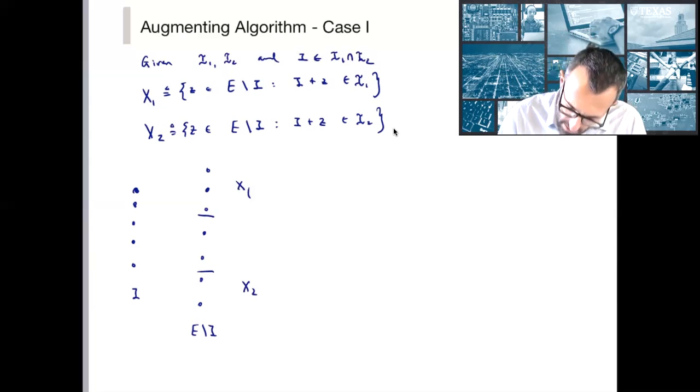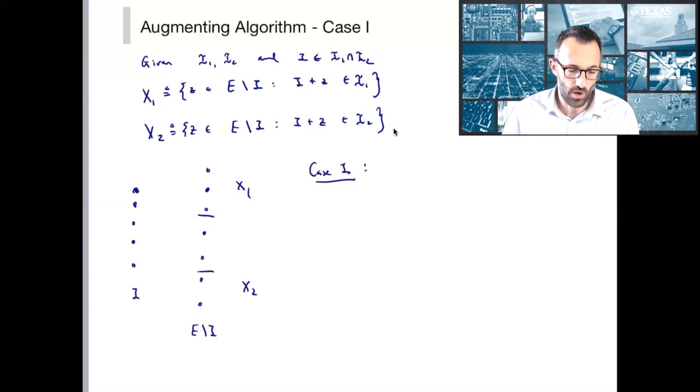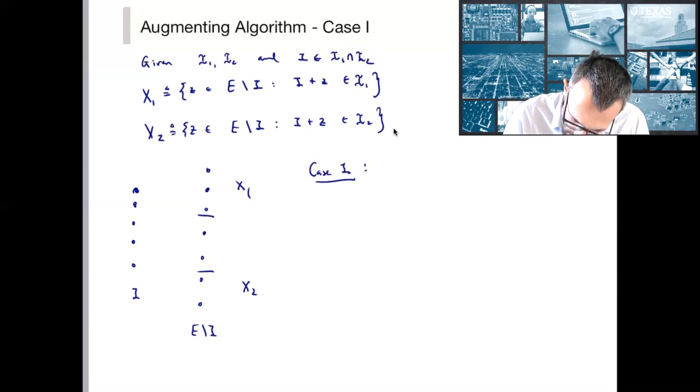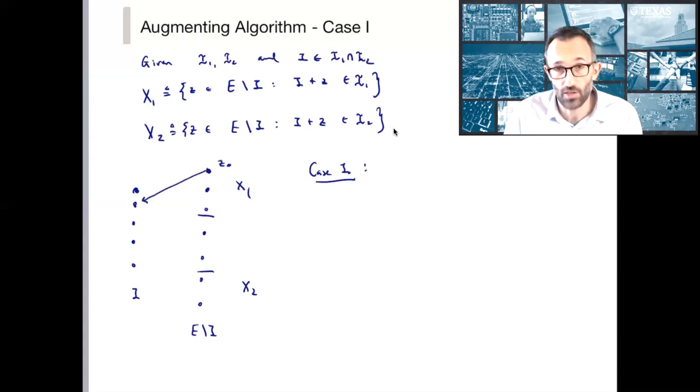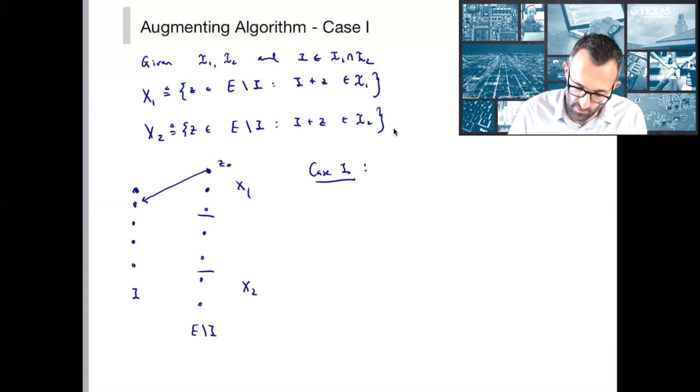So the first case that we're going to consider is the setting where there is a path that starts in x1 and ends in x2. So to draw the picture, perhaps it starts at some z0, follows an edge. Obviously, that edge has to be pointing from the right to the left, and we'll have to keep in mind what the directionality of the edges mean.